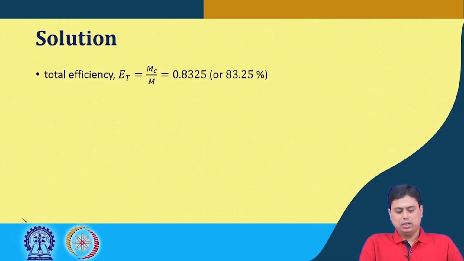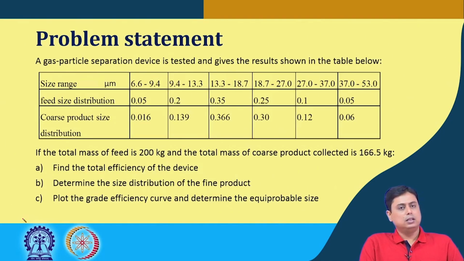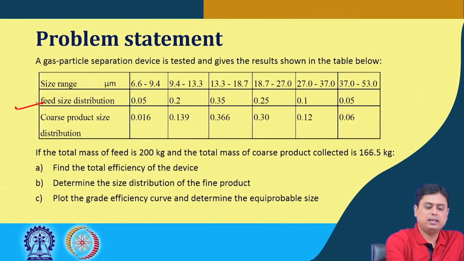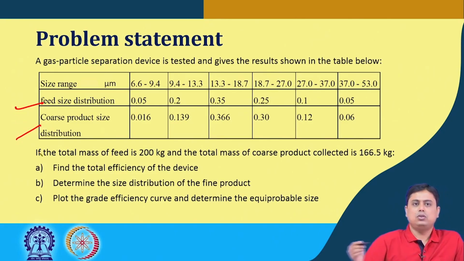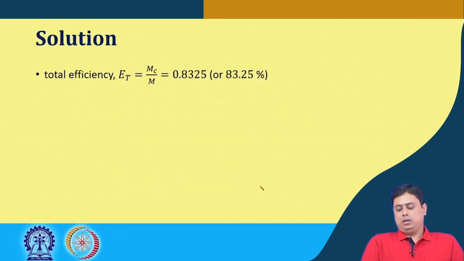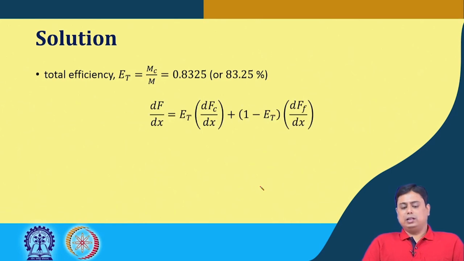Now, coming to the second part, which asks to determine the size distribution of the fine product, because we have the feed size distribution and the coarse size distribution. Naturally, what is the size distribution of the fine products that are escaping with the cleaner gas? We know this relation now.